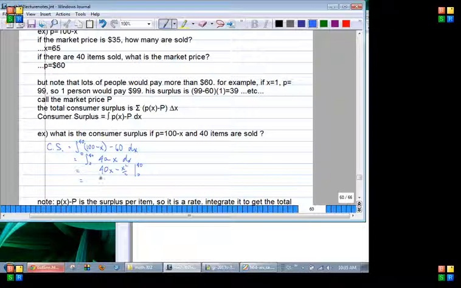Essentially, you could think of it that way. Okay, so this gives... let me just write this out. This is 40 times 40 minus 40 squared over 2, minus 40 times 0 minus 0 squared over 2. And you work that all out and you get 800.